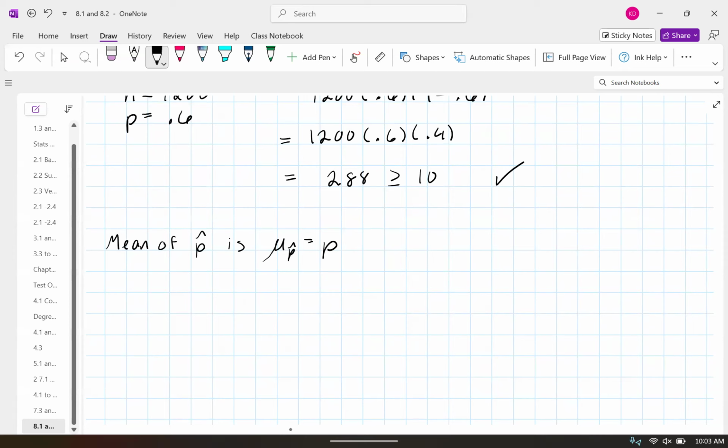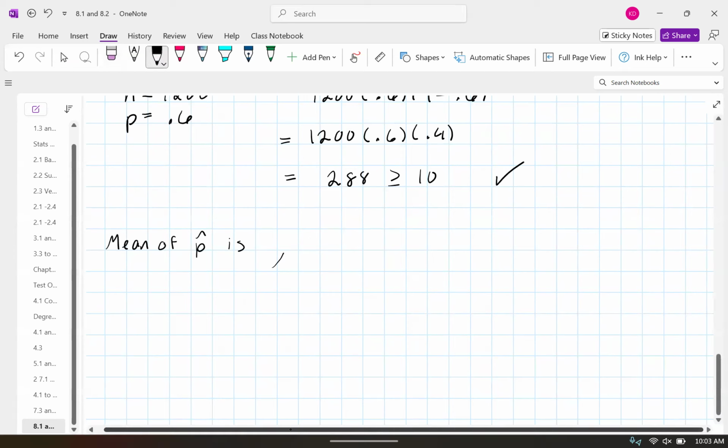So that's what we're going to use, and that's the mean of p hat. And if we want our standard deviation, and they use sigma of p hat, this is the worst of the equations we have, and it's really not that terrible.